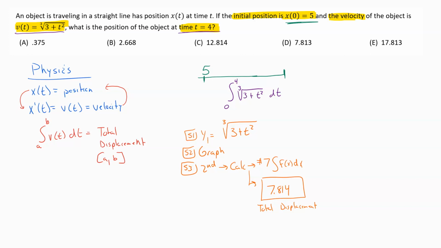We can't forget though that our starting position was already 5. So we're going to go 5 and add another 7.814 to that. And that's going to tell us that in the end, we're going to end up at 12.814. So our final position is 12.814, which would be option C.